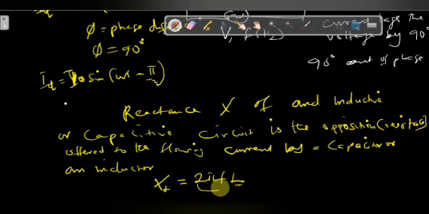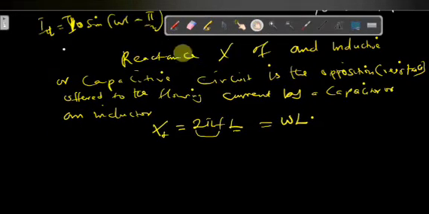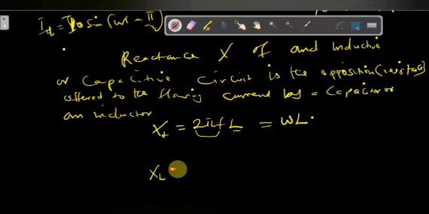L is the inductance. You know that 2 pi F is omega. So you can also write this as omega L. So that's the reactance. And this reactance can also be expressed as XL.